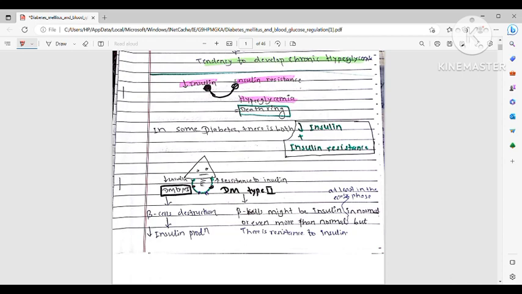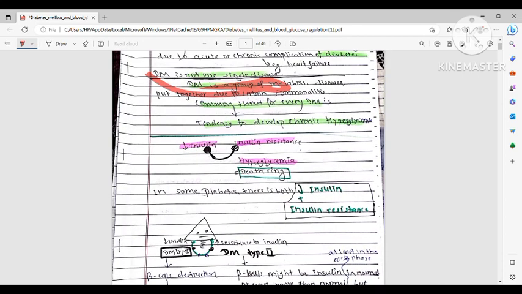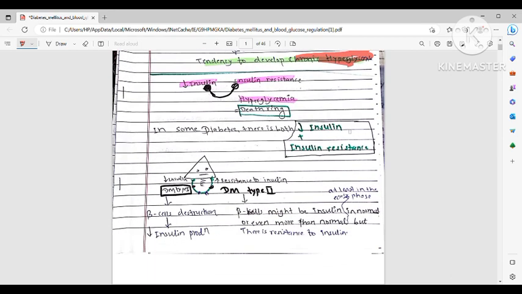What is the commonest thing about these groups that can lead to hyperglycemia? Look here, chronic hyperglycemia is always present. In diabetes there may be either a deficiency of insulin or insulin resistance.